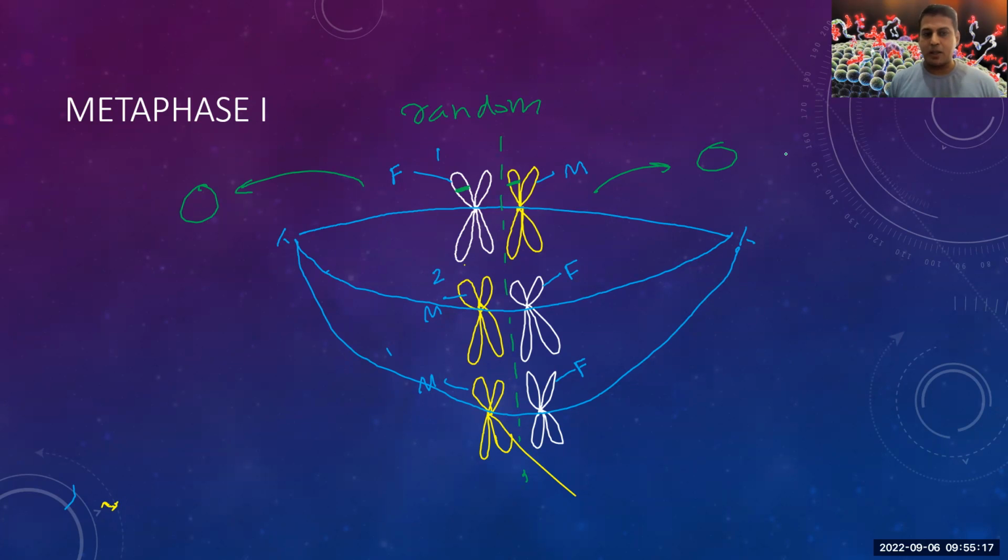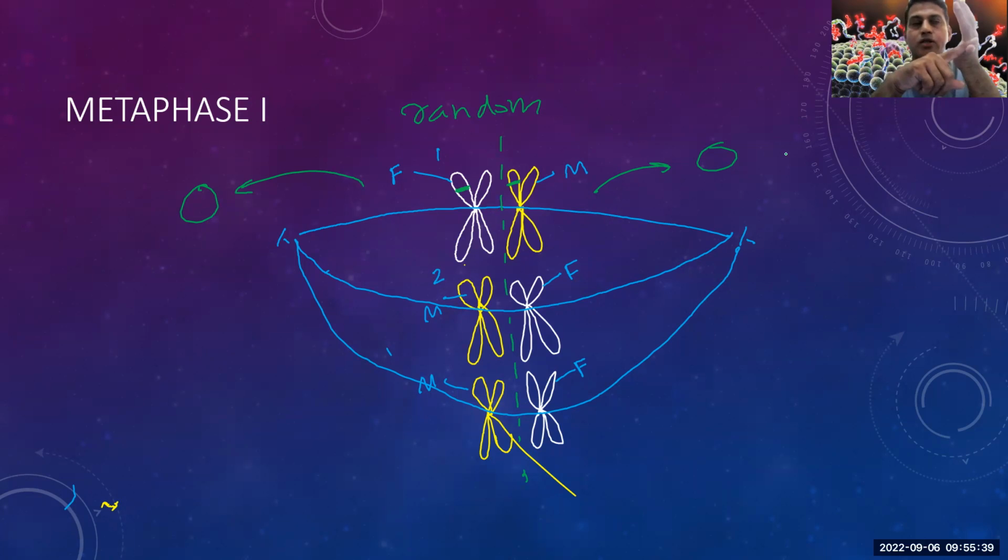It's like a mixing. The resource book doesn't use this word, and the Campbell book doesn't use this word: random assortment or independent assortment.